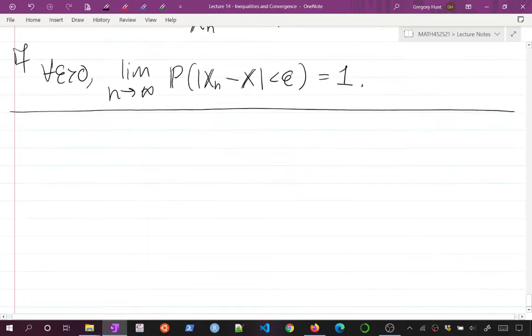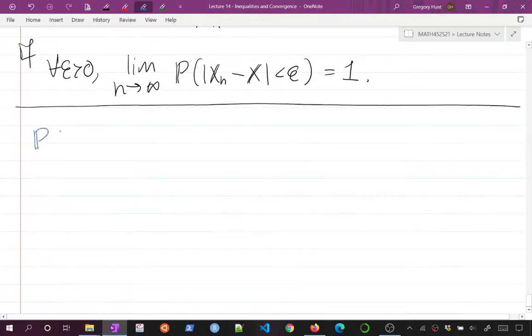That's the formal definition. One can think of it as, first, let's pick some epsilon, some threshold. And this has to be true for any threshold we choose. But let's pick our threshold, and calculate the probability that |X1 minus X| is less than epsilon. Some number, maybe it's high, maybe it's low.